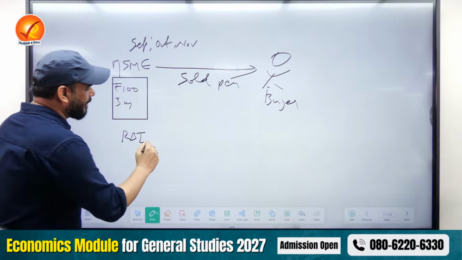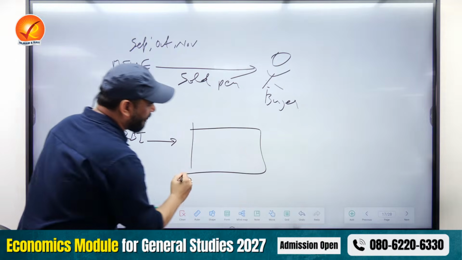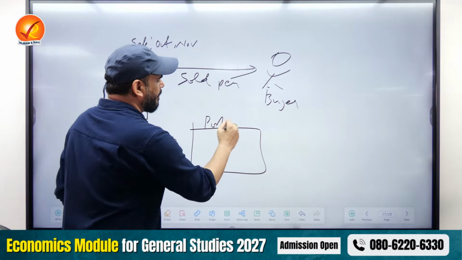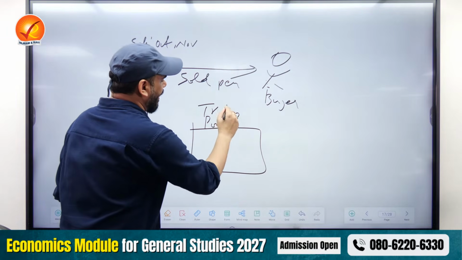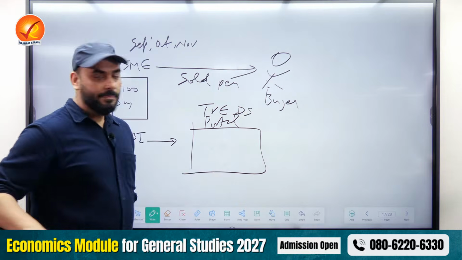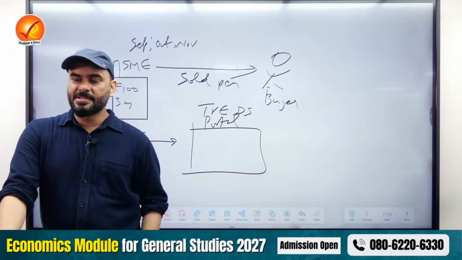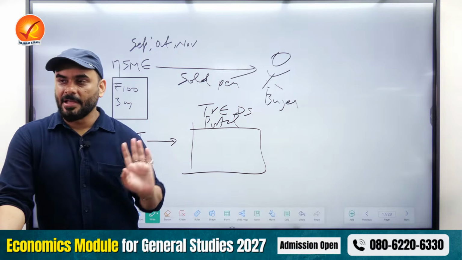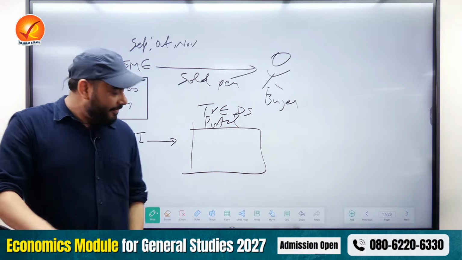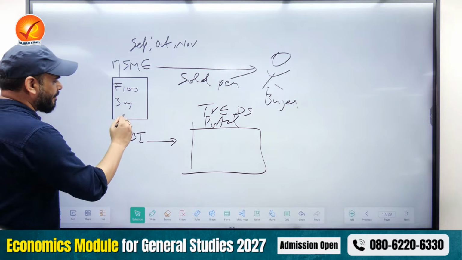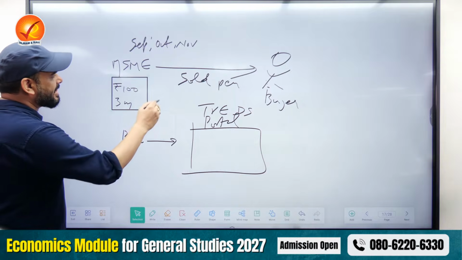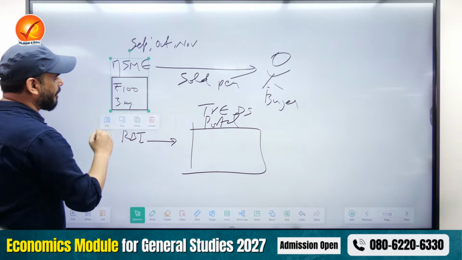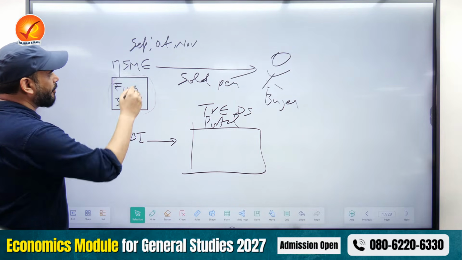What has RBI done? RBI has started a platform. Let's say a portal, which is called TReDS. Trade Receivable Discounting System. What happens on this platform? It's a platform by RBI. RBI keeps an eye. What happens on the platform? This MSME, bacho, look at this MSME. This MSME will take this bill of exchange or promissory note.